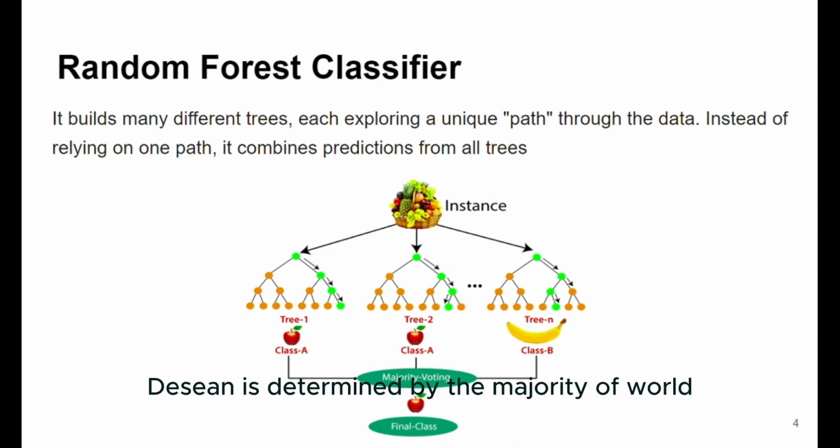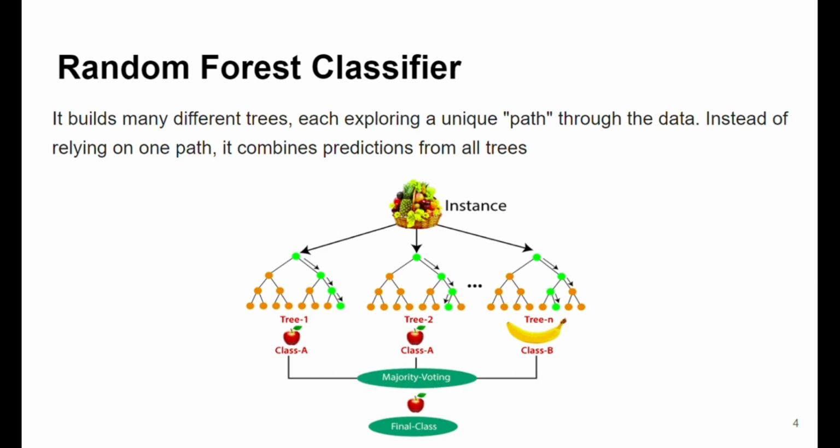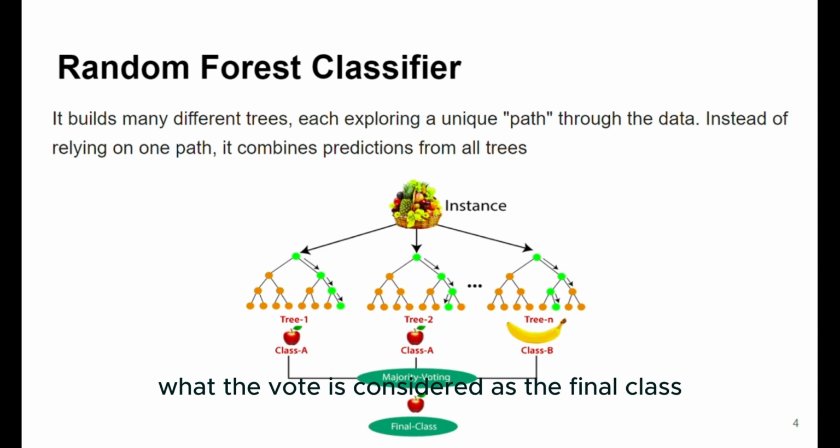The final decision is determined by the majority of votes, like a democracy. It is defined by which trees have classified the data as a yes or a no. The majority vote of the decision trees is considered the final class.